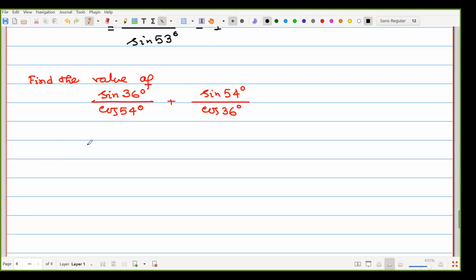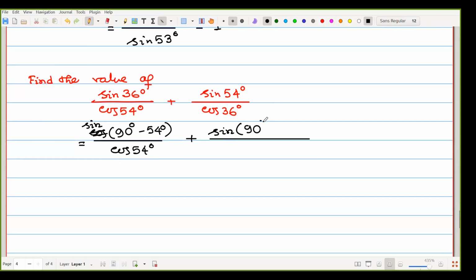Same type of problem. Here we can write sine 36 degree means sine of 90 degree minus 54 degree, and sine 54 degree means sine of 90 degree minus 36 degree, because 54 degree means 90 degree minus 36 degree, and 36 degree means 90 degree minus 54 degree.